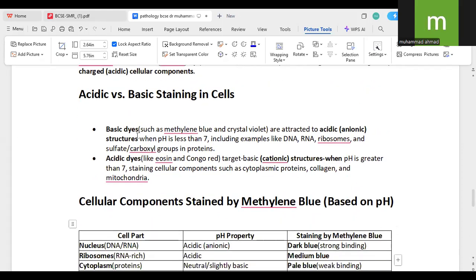Basic dyes like methylene blue and crystal violet attract to the acidic portion of the cell when pH is less than 7, including DNA, RNA, ribosomes, and sulfate and carboxyl groups in proteins. And acid dyes like eosin and Congo red go for the cationic structures. They stay in cytoplasmic protein, collagen, and mitochondria.